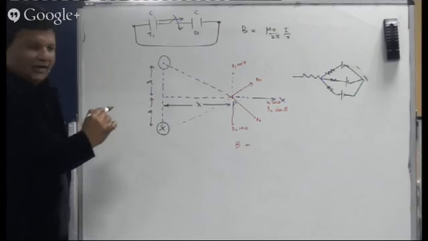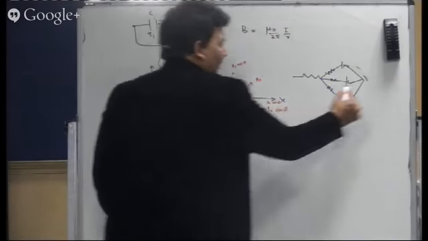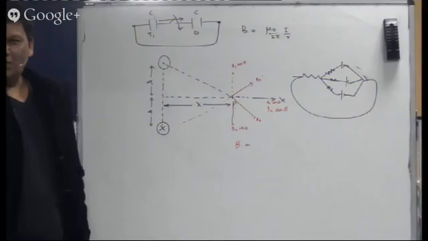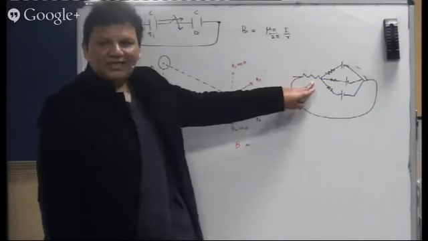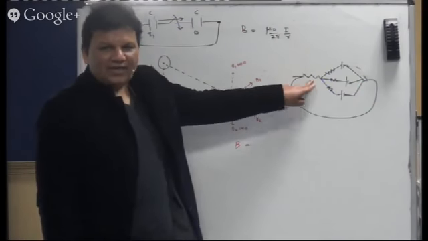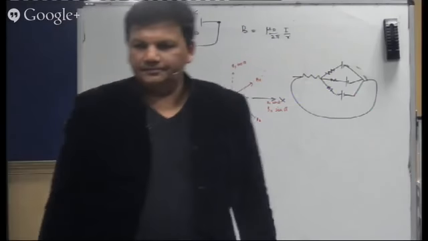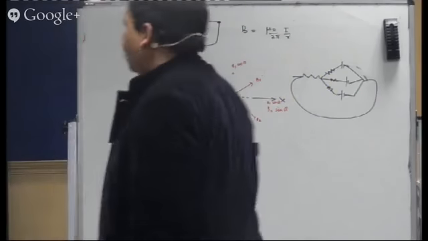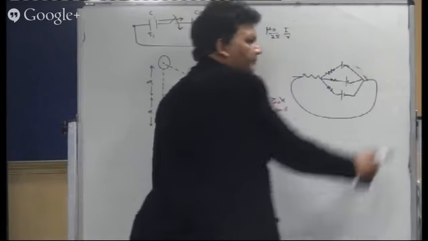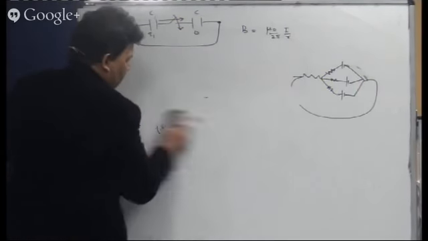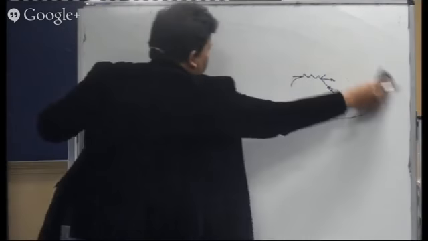Now, in this question, till the time I don't connect them, there will be no current flowing through this resistor. That is why we ignored this resistor. Note this: current or charge has to move in a closed loop.